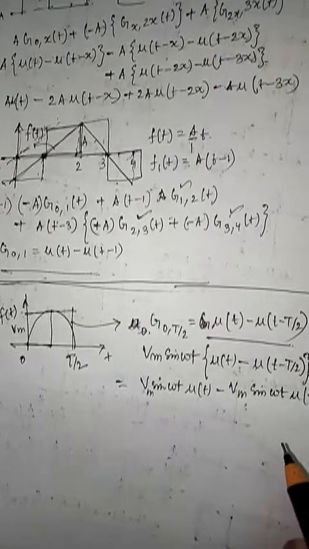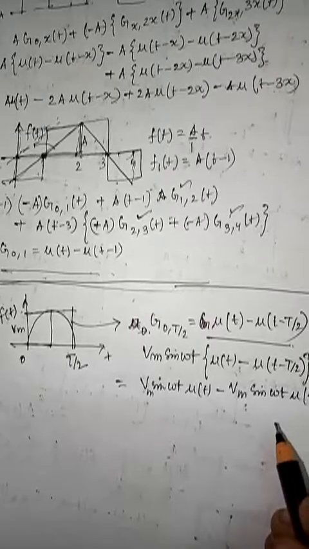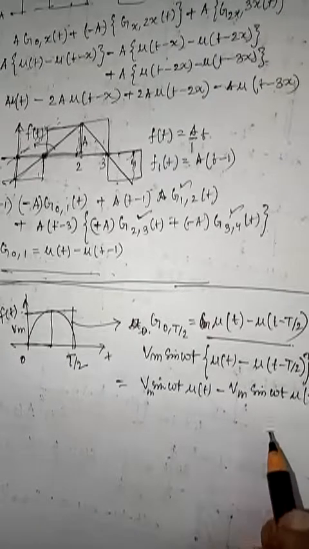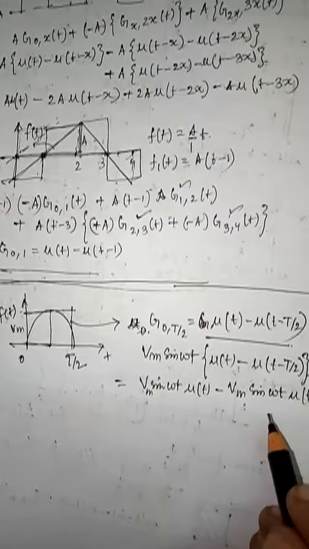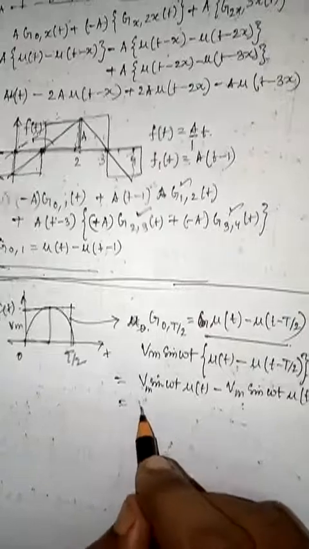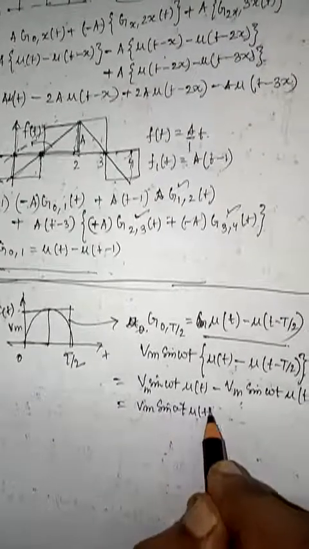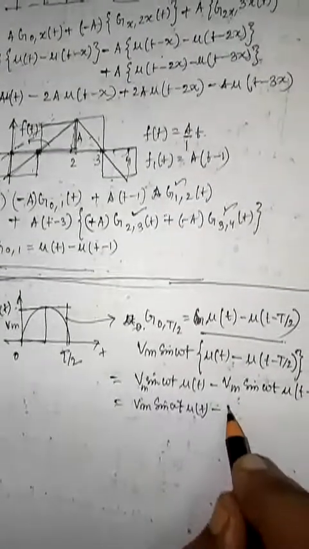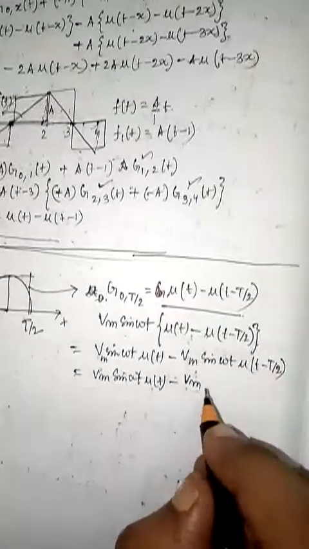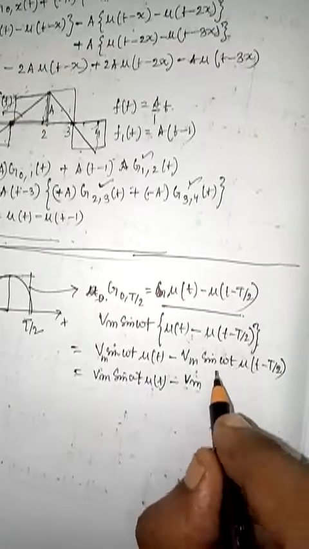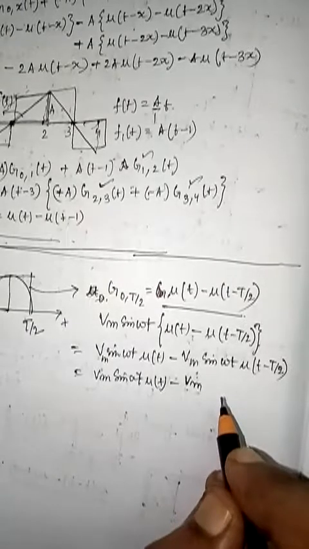Now you can write it again: Vm sine of omega t u(t) minus Vm sine of omega t.